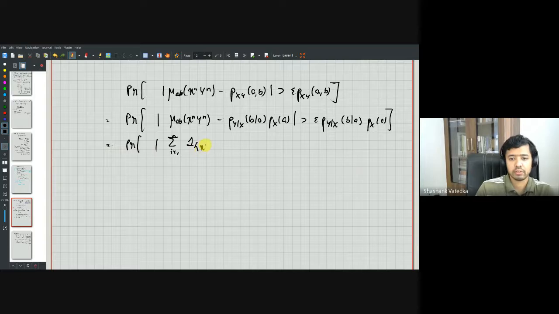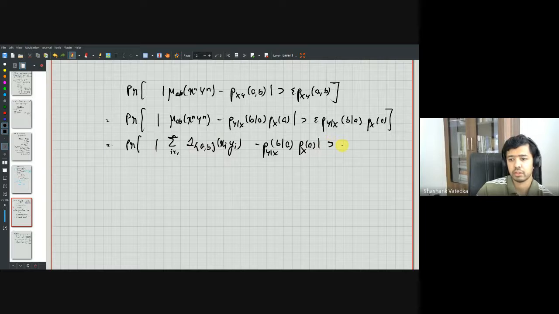Indicator that a comma b of xi, yi. We want to know how many locations xi is equal to a and yi is equal to b, minus py given x of b given a times the probability that x is equal to a.